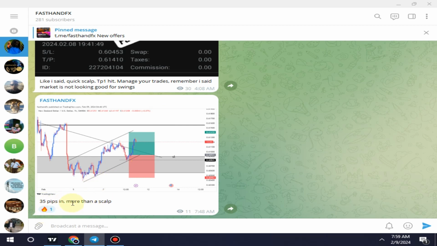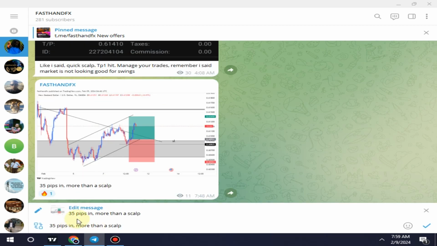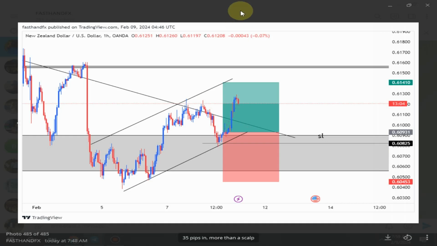Actually it should not be "in", I should have written a comma: 35 pips, in essence, more than a scalp. Yeah, that's more than a scalp. So that's amazing.